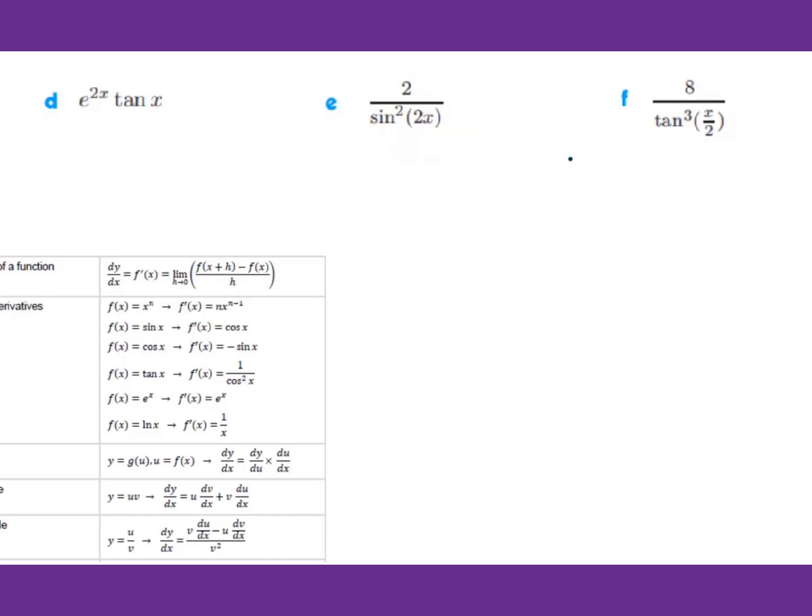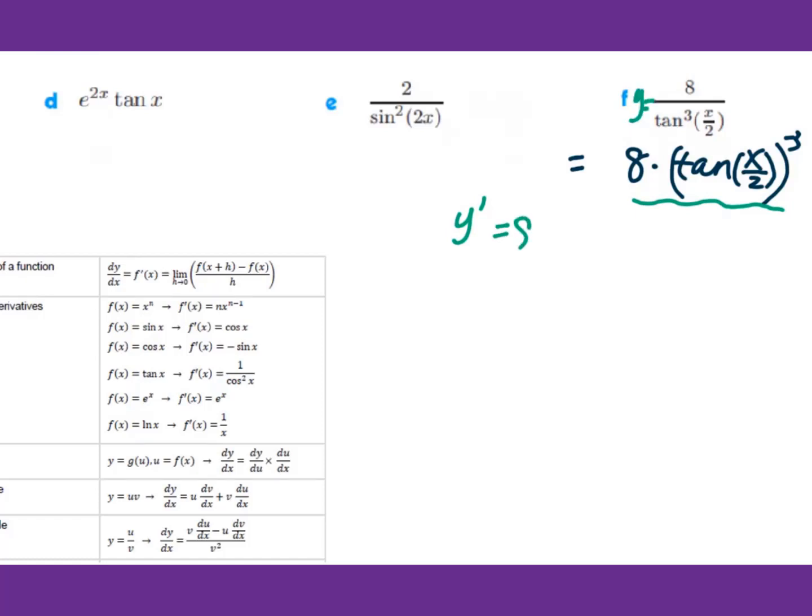Still, don't use a quotient rule. Try to change it into power form so that you use a power rule. We have 8 times tangent x over 2, to the negative third power. When you do the derivative for that, we put the derivative for y. We suppose this is y. You will get 8 times negative 3 drop down.